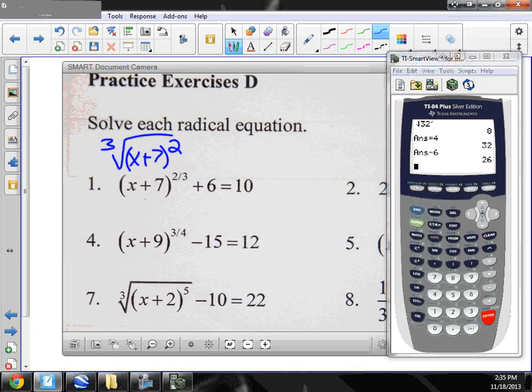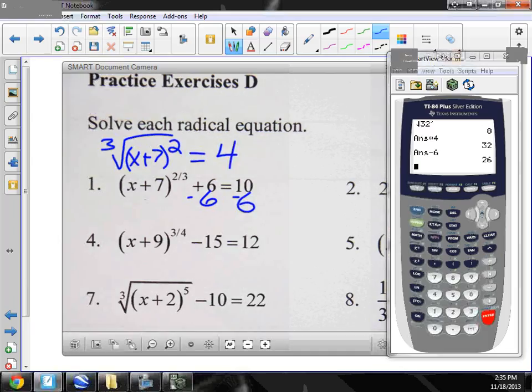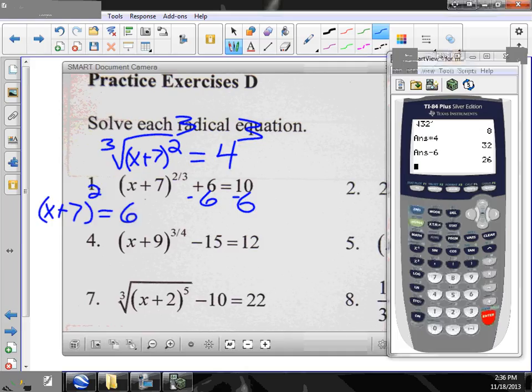So to solve this, I would subtract 6 and subtract 6, so this equals 4. Then what would I do? Raise it to the third. And I know 4 to the third is 64. So x plus 7 squared equals 64.